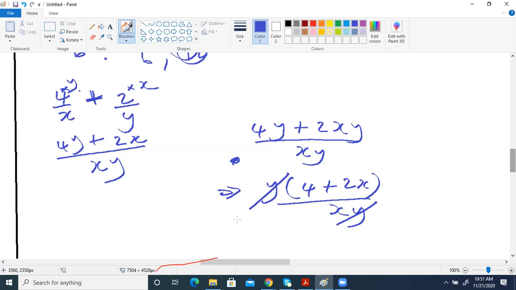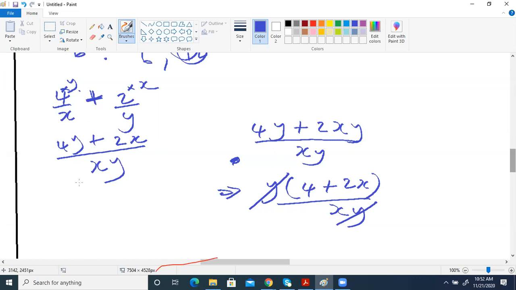That's how you would be able to cancel it out. Look at this right here. If it's a factor, you can cancel y. Well, y right here can cancel with this, but y is not over here. It's just x alone.